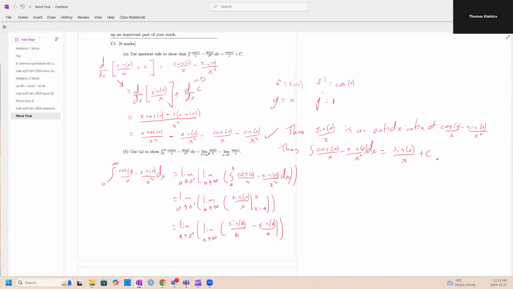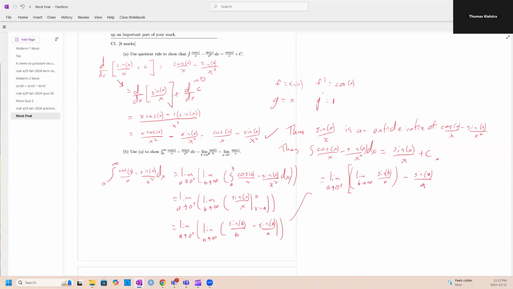And now, because this sine of a over a doesn't have a b term in it, I can distribute to get it to be equal to the limit as a approaches 0 from the positive of the limit as b approaches infinity of sine b over b minus sine a over a.